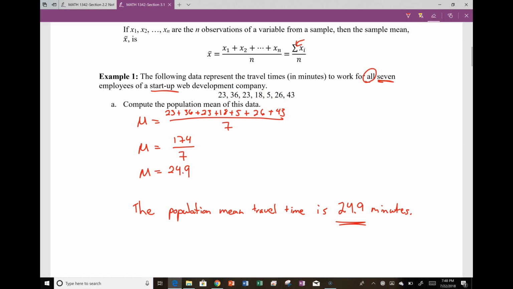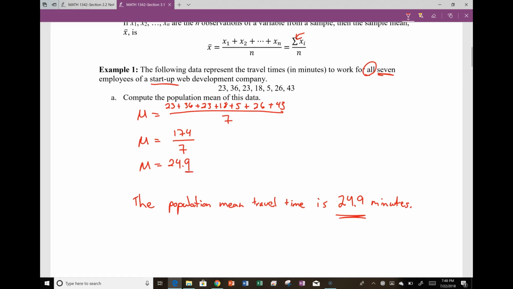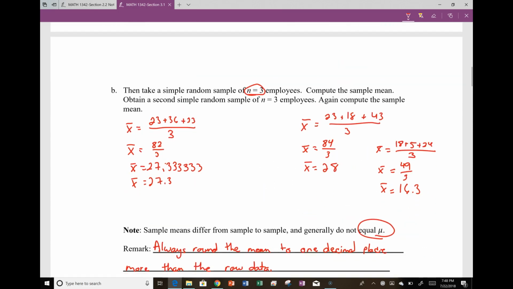When we calculate mean and other aspects of this data, we want to look at, okay, notice all of our data here is whole numbers. I want one place more than that. So I want 1 decimal place. The reason why I keep 1 place more than the raw data is because I have done some calculations.